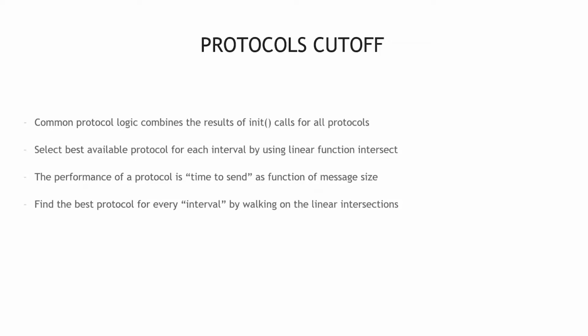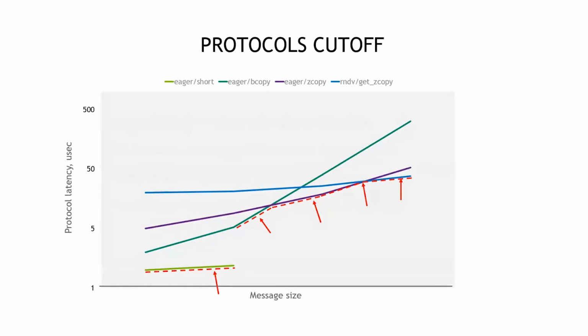Each performance is represented by a linear function, which represents the time as a function of message size, how long it would take to complete the request as a function of the size. And we can find the best protocol for every interval by walking on the intersections, because linear functions are easy to intersect in a generic way.